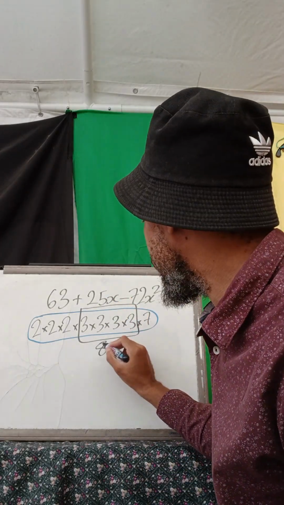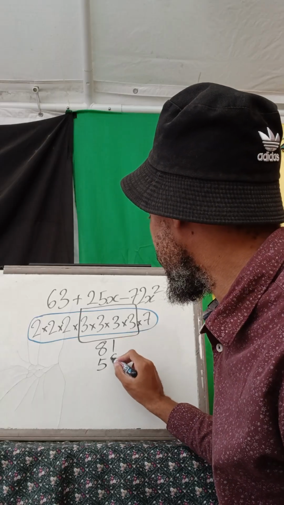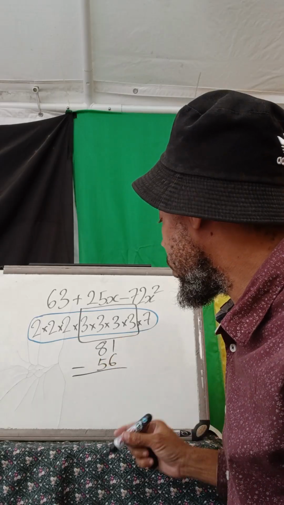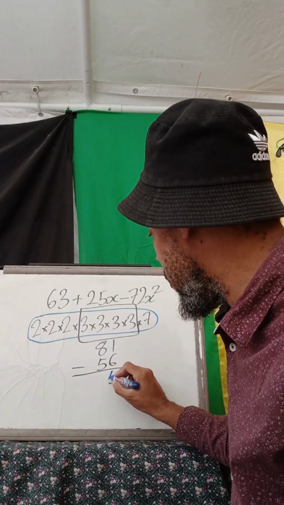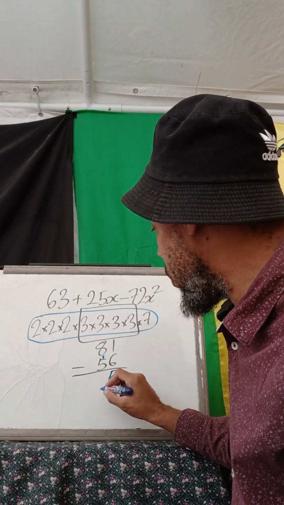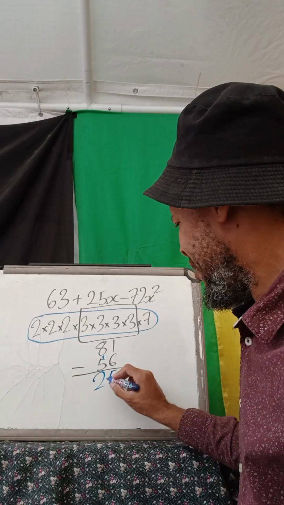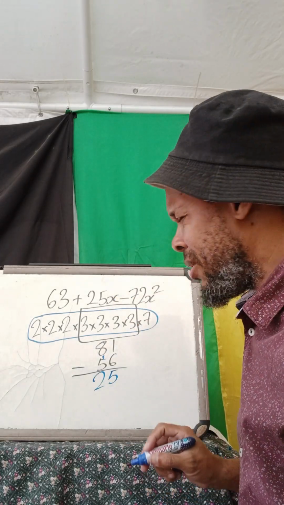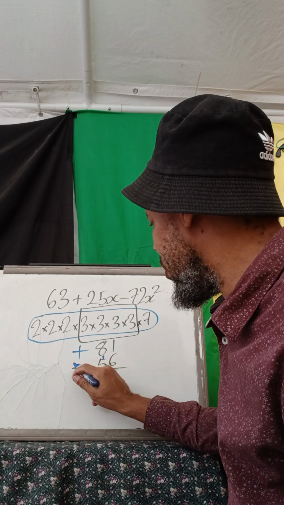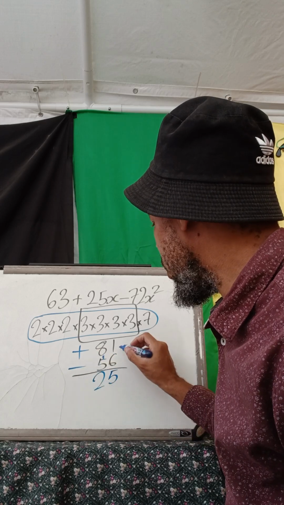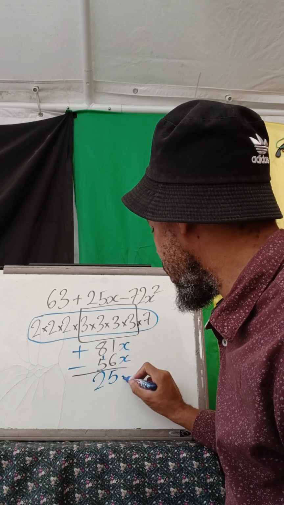Watch it. And what we're going to do right there, let's just add a 5, carry a 1, 8 minus 6. I mean, the story writes itself.